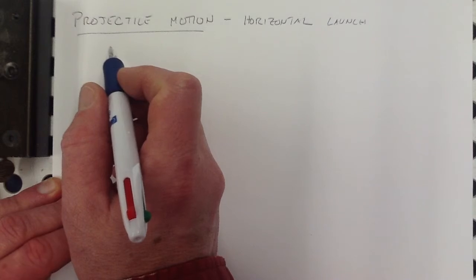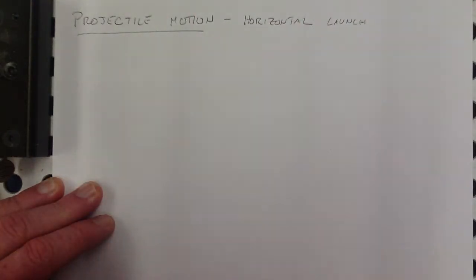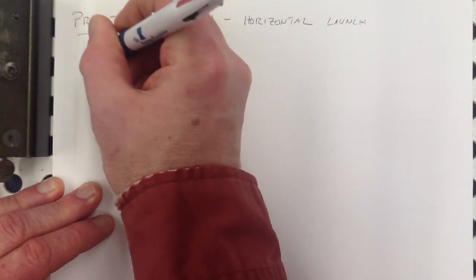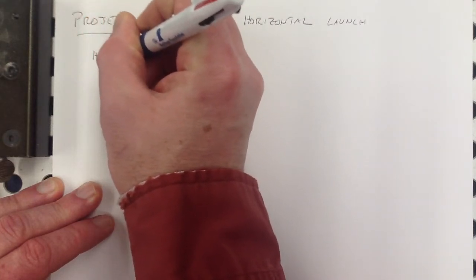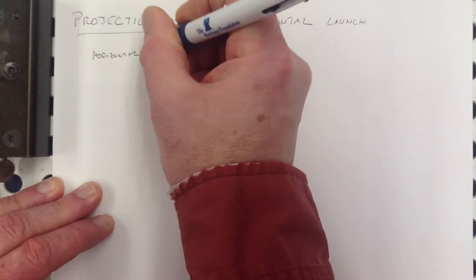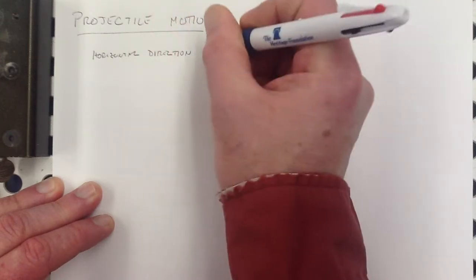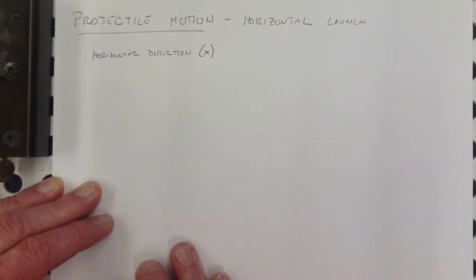Okay, so what did we learn from the lab? We learned that in the horizontal direction, the horizontal direction is what we should call x.